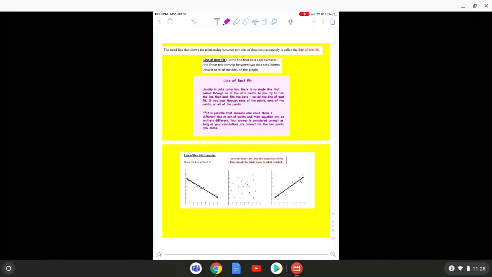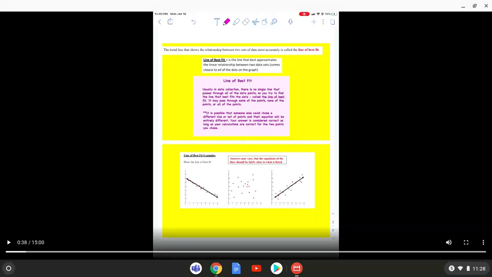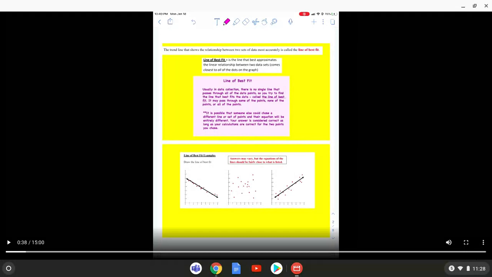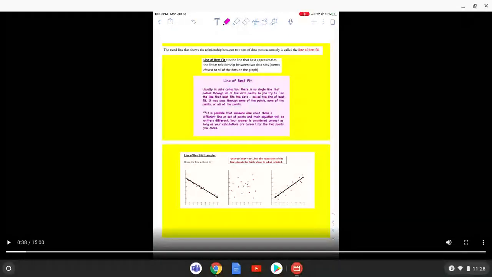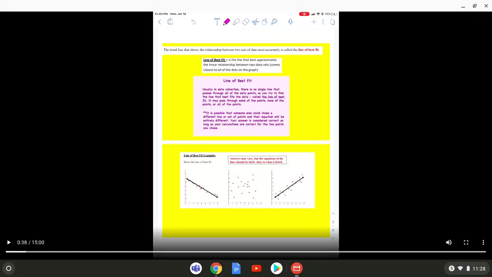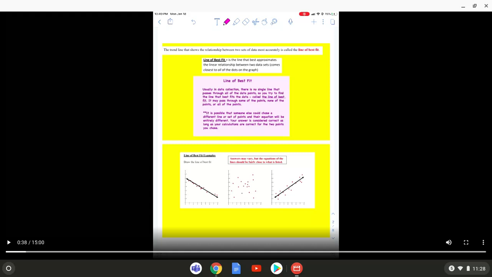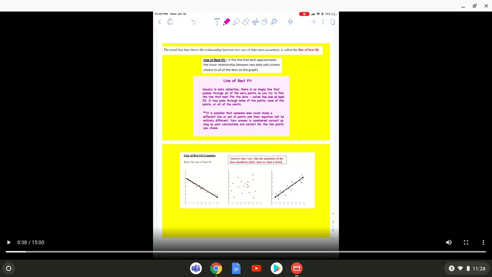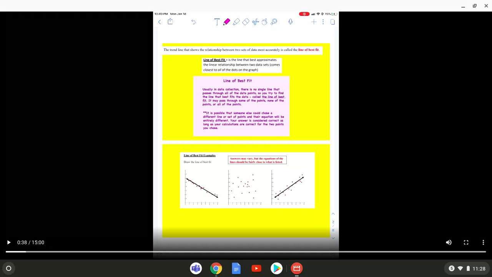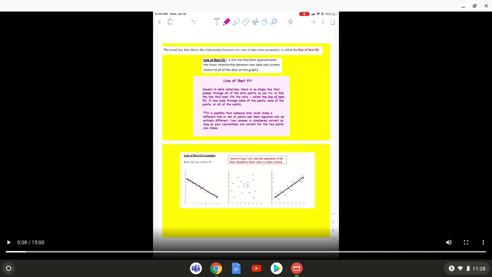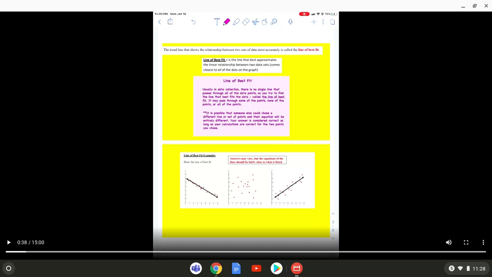So the line of best fit is a line we put on a graph to show somewhat of a relationship between the X and the Y sets of data. There is no single line that is going to hit every point or represent the entire set of data that you have. So what you have to do is kind of eyeball it.